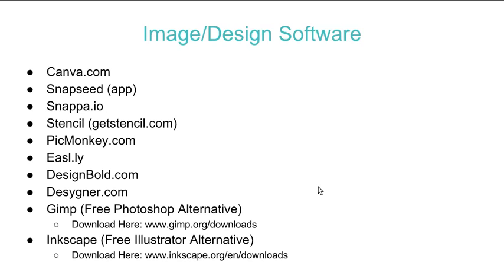And then also, if you are not using Photoshop or Illustrator, maybe you can't use it on your computer, or aren't investing the money for that program, you can always use GIMP or Inkscape. Those are free alternatives.